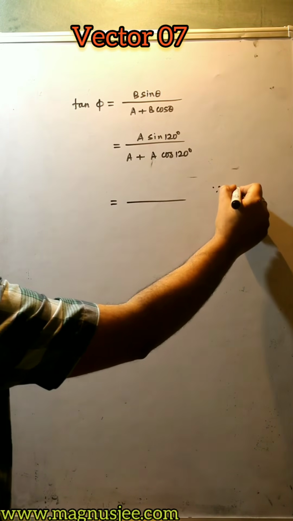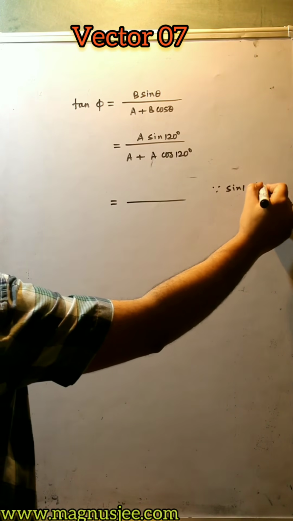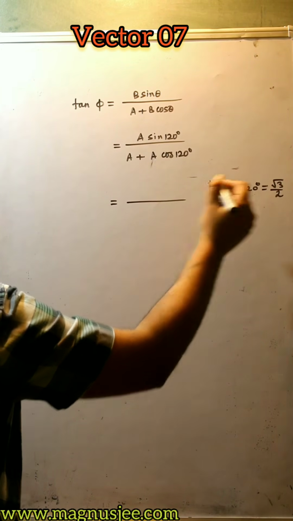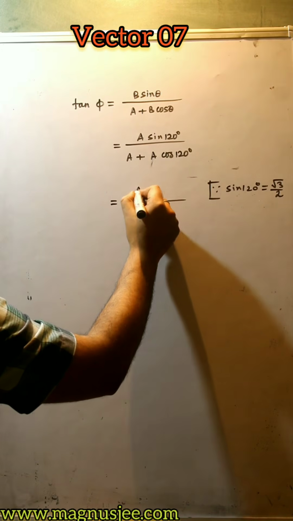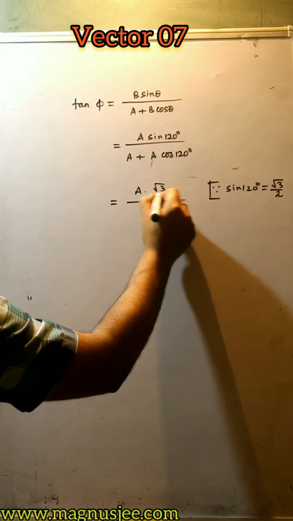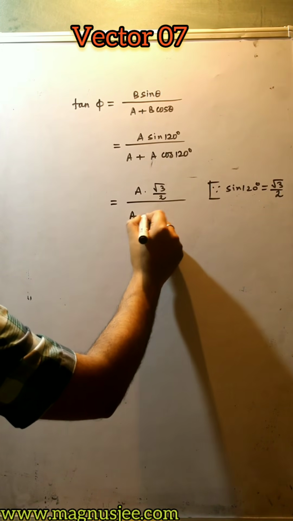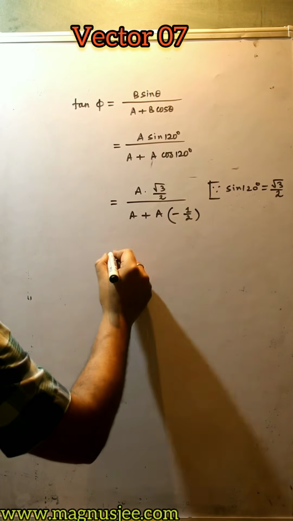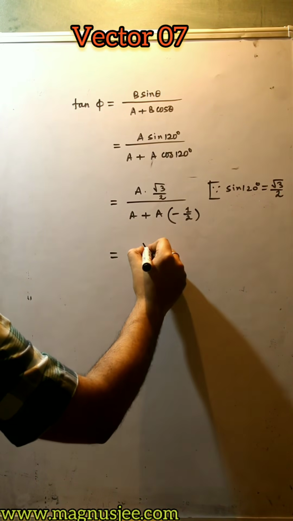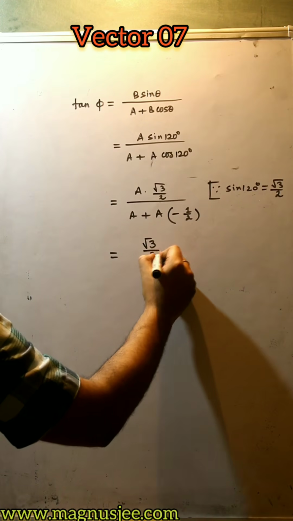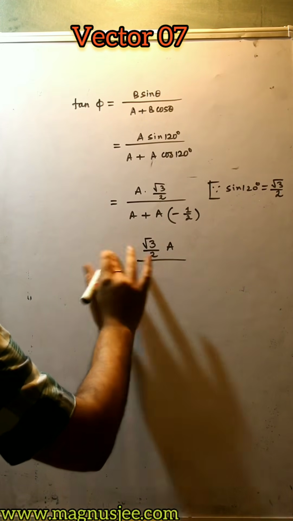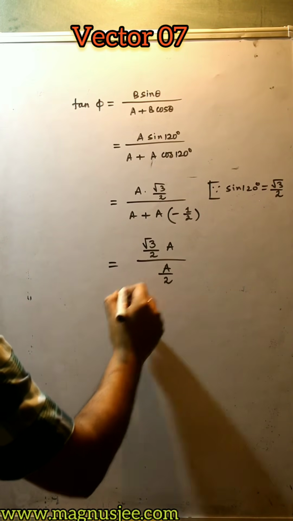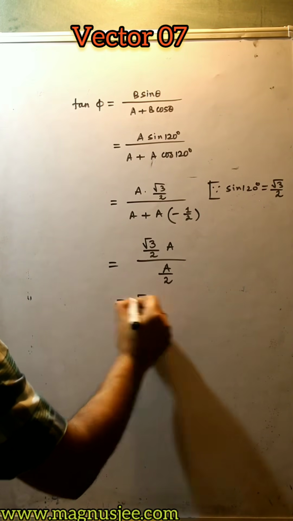Since sin 120 degrees equals root 3 by 2 and cos 120 degrees is minus half, we get A into root 3 by 2 divided by A plus A times minus half. So root 3 by 2 into A divided by A by 2. Therefore tan phi equals root 3.